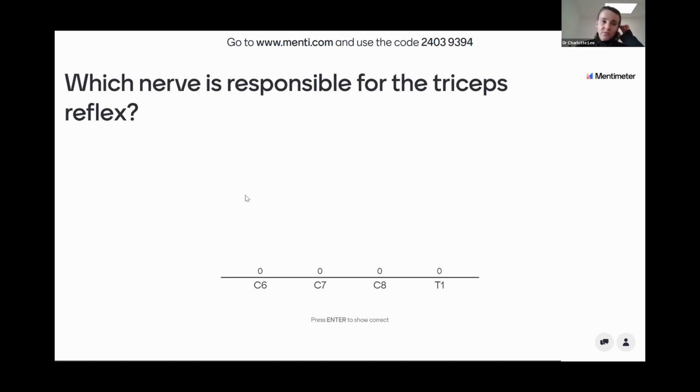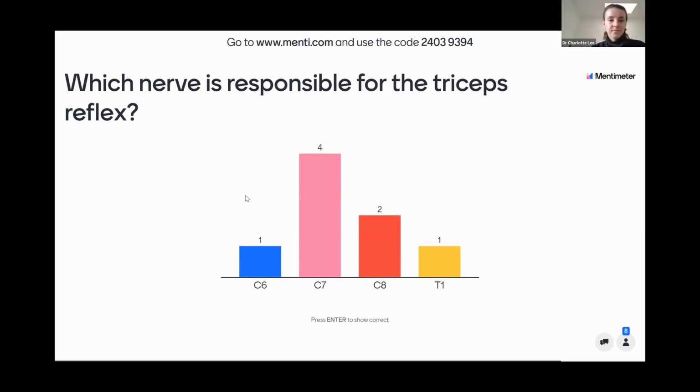So which nerve is responsible for the triceps reflex? Does anyone remember this one? The supinator reflex is C6, biceps is C5, C6, triceps is C7.